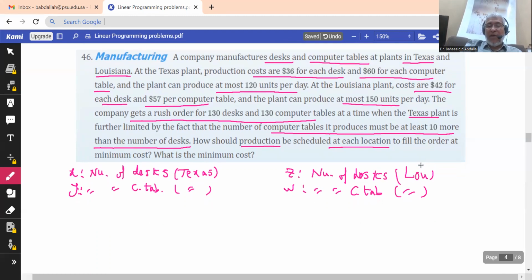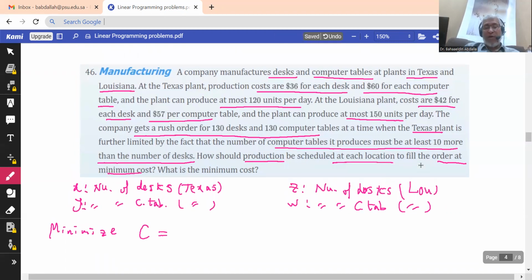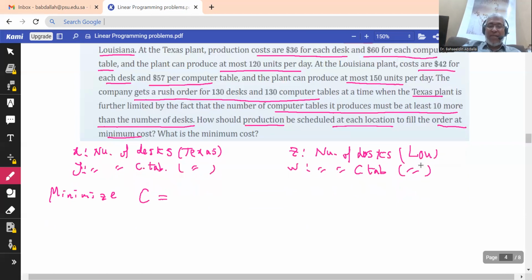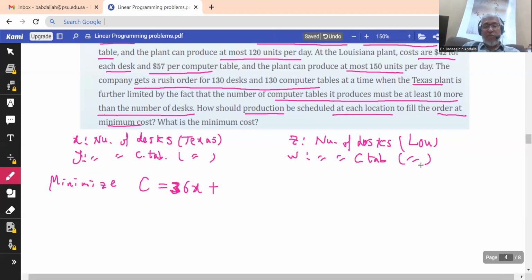I need to write the objective function. We need to minimize the cost. So minimize the cost function, and the cost should depend on these 4 variables. Well, he said in the beginning that the production costs are 36 for each desk in Texas. So I multiply 36 times the number of desks in Texas, plus 60 for each computer table.